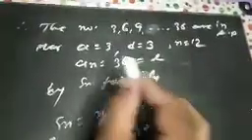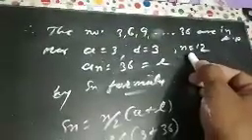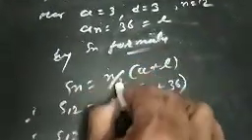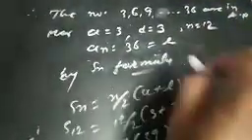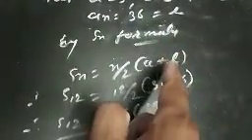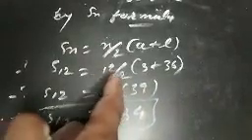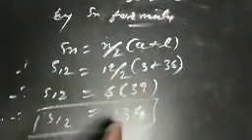So the first term A is equal to 3, the difference between two terms D is 3, and the total number of terms N is equal to 12, and the last term 36, meaning an is equal to 36, becomes L. So by the Sn formula we write Sn is equal to N upon 2 into bracket A plus L. This formula we can use if the last term is given. If the last term is not given, we use the other Sn formula, N by 2 into bracket 2A plus N minus 1 D. Here we have the last term, so we use L. So S12 is equal to 12 by 2 into 3 plus 36, that is 39, and 12 upon 2 means 6. 6 times 39 is 234.